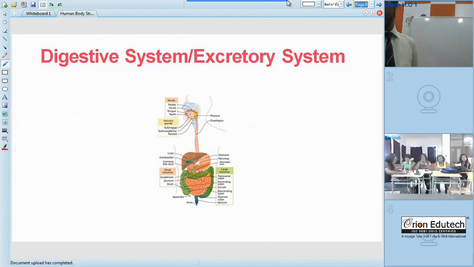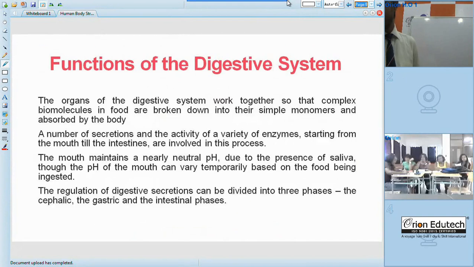This is the diagram of the digestive system or excretory system, and the functions of the digestive system are that the organs of the digestive system work together so that the complex biomolecules in food are broken into their simple monomers and absorbed by the body.